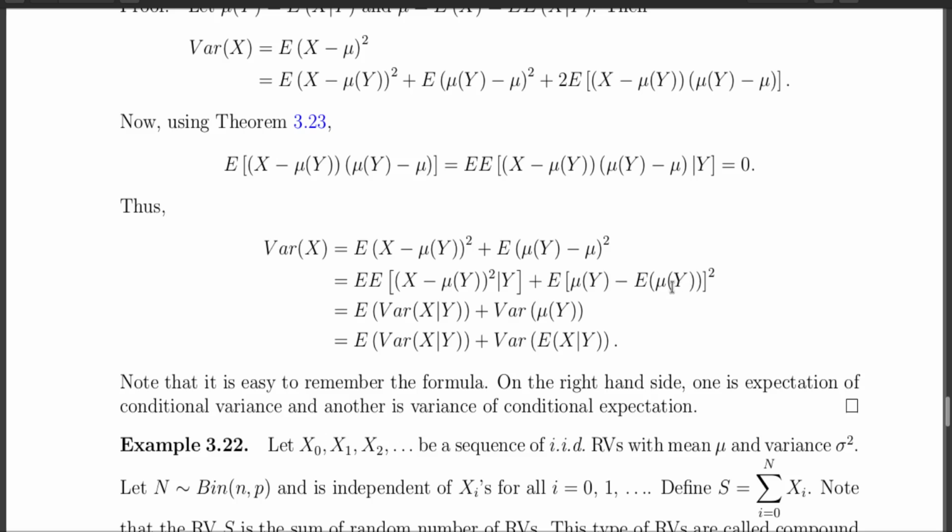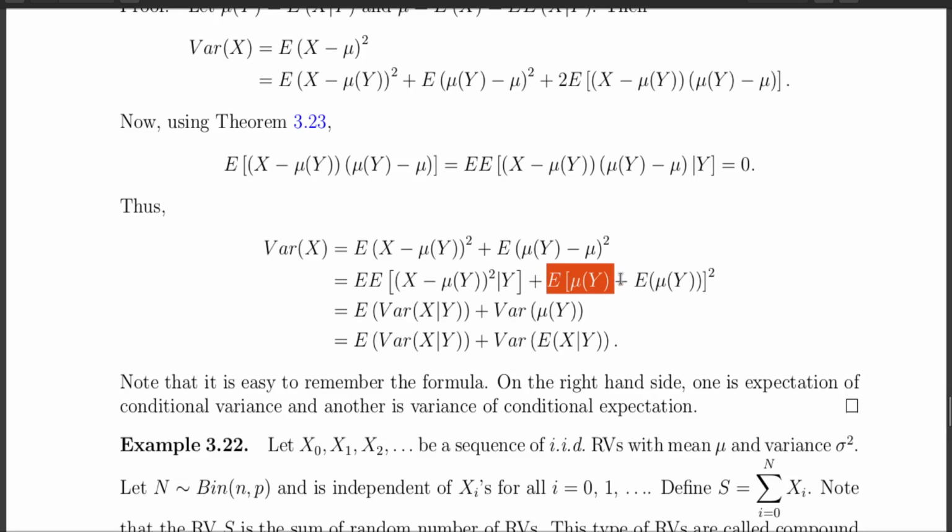Now the next part is the expectation of mu_y, and mu is basically the expectation of X, which can be written as the expectation of X given y. So this is the expectation of mu_y. Now you see this inside quantity is a random variable, say Z, minus the expectation of Z. Then I have the square of this, and outside I have the expectation.